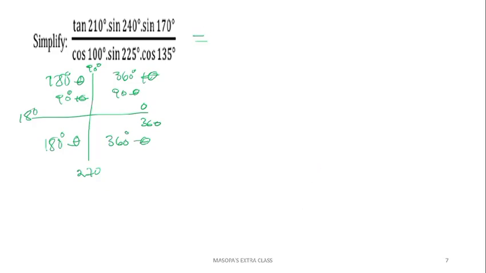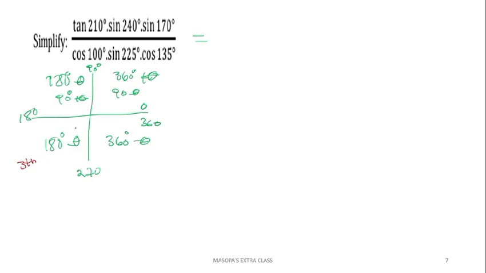Alright, so now we have tan 210 degrees. We can see that this angle is between 0 and 360. So now we have to look at where your 210 lies. You see that this is 90 to 180, 180 to 270. So it means that our 210 lies between what? The third quadrant, from 180 to 270.